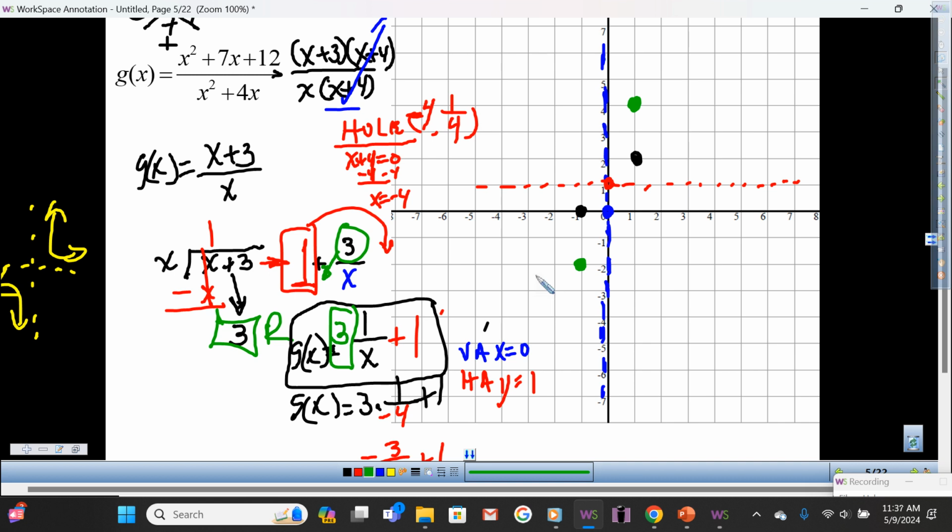All right. However, look up. Let's sketch our hole. Where's our hole? Negative 4 and 1/4. So let's go. 1, 2, 3, 4. 1/4 is about right there. So that means my graph should cross through there and through that point right there.